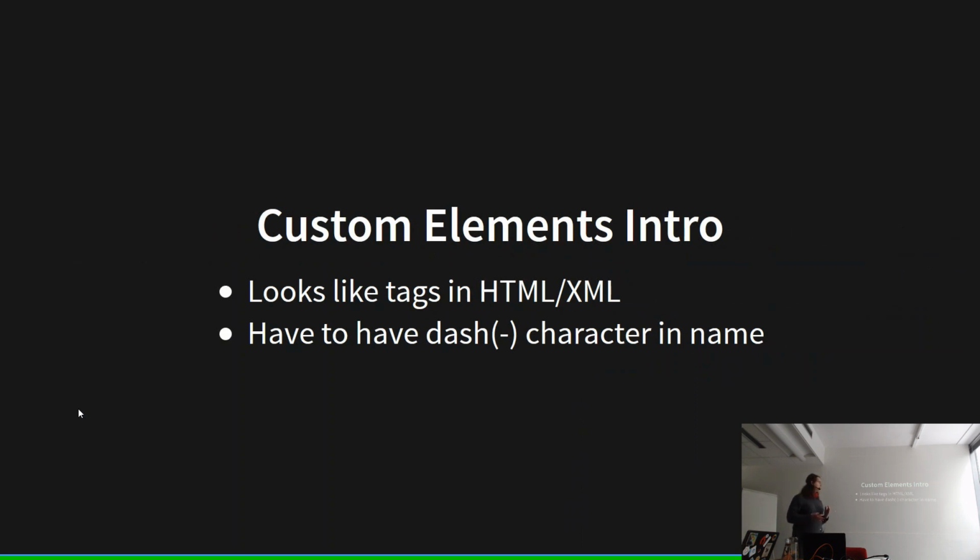The reason for the dash is forward compatibility with the HTML standard. As hopefully all of you know, the HTML standard contains only one-word tags, and by making developers create tags with a dash, you ensure this compatibility.